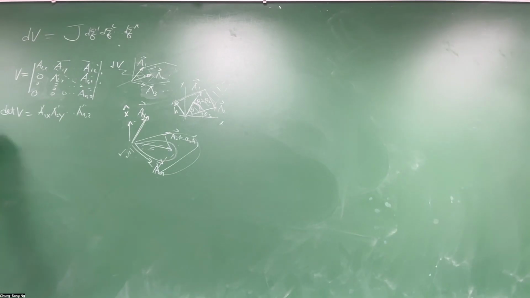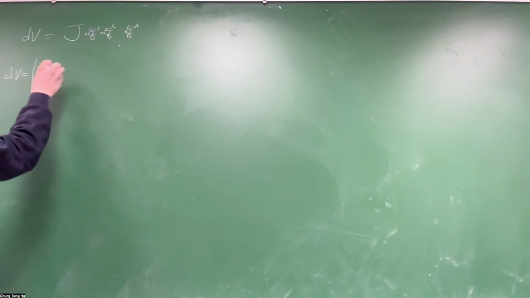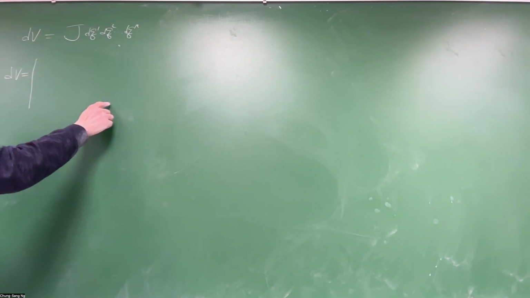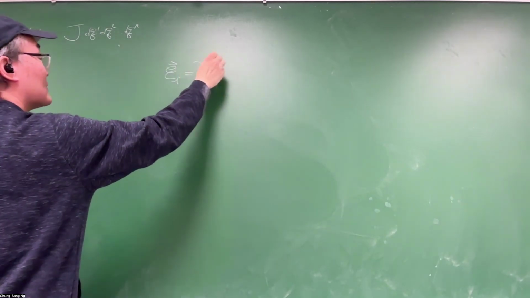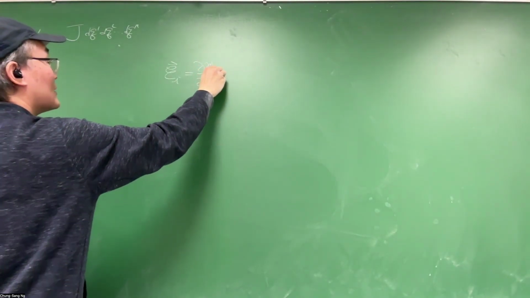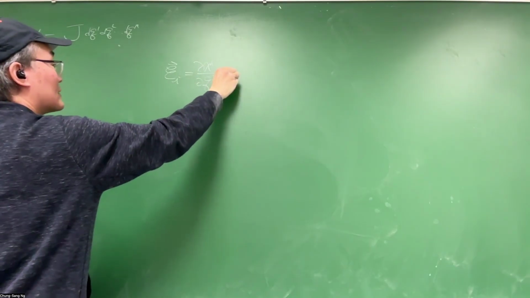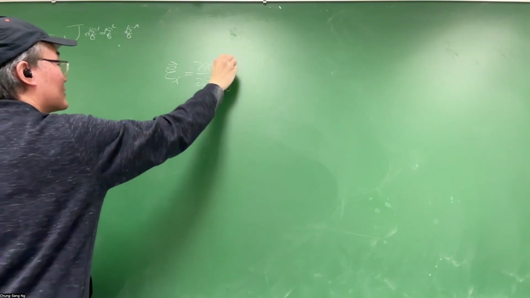A1, A2, A3 are just epsilon times the dV. Now dV is just epsilon 1. We'll go back to our definition. Epsilon i is partial x_i partial q_i, e_i and a_j sum j e_j, right?